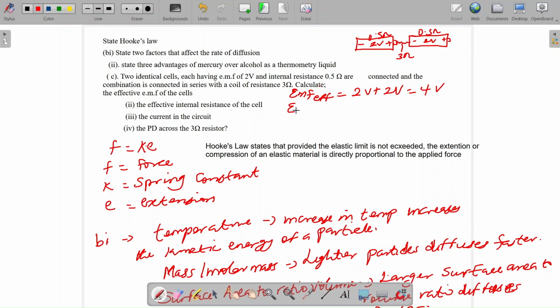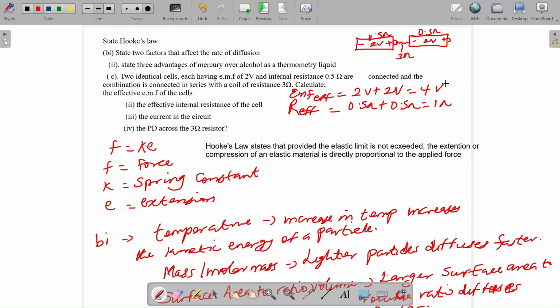Resistance effective equals 0.5 ohms plus 0.5 ohms, which is 1 ohm. That is the internal resistance.